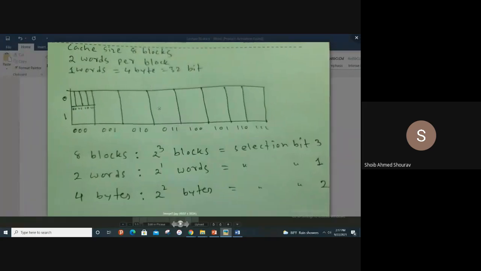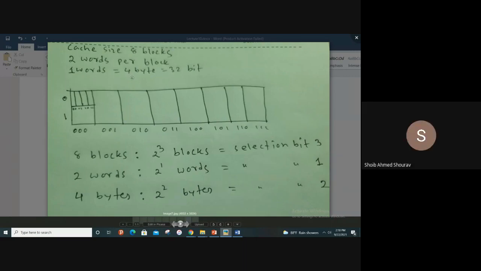Okay, so cache size is 8 blocks, 2 words per block. New example: 8 blocks in the cache and 2 words per block. And we know one word is equal to 4 bytes, which is equal to 32 bits.